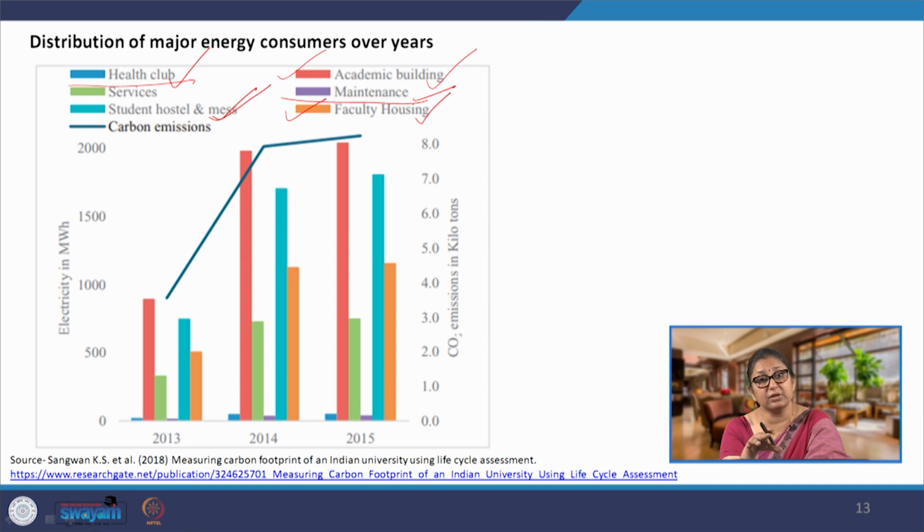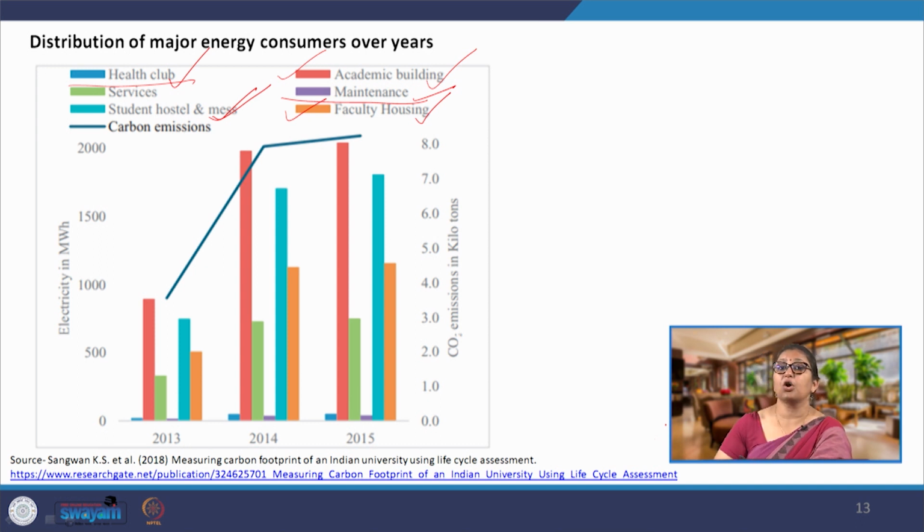We are not including the building life cycle, as we had seen in the previous week's last lecture, the entire value chain of building as a product is not being included as scope 3 in these cases that we are discussing. It is only the operational energy consumption in buildings that we are talking about. So, we see that building design and construction has a significant role to play if we really want to reduce the emissions from university campuses.